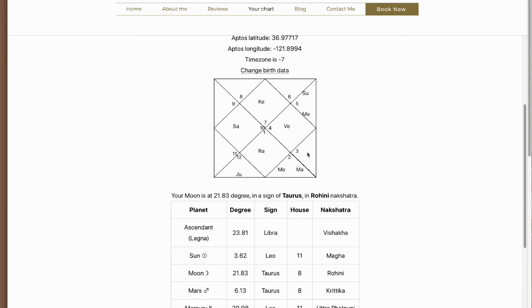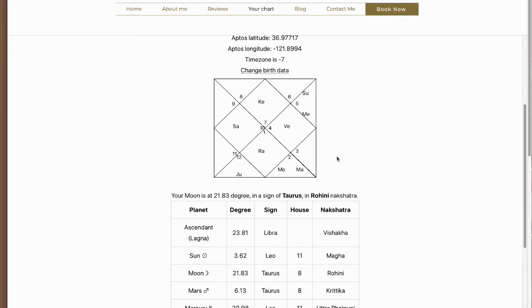The sign of Gemini occupies the ninth house. Venus is in the 10th house, in the sign of Cancer. Sun and Mercury are in the sign of Leo in the 11th house, and finally Virgo occupies this 12th house.